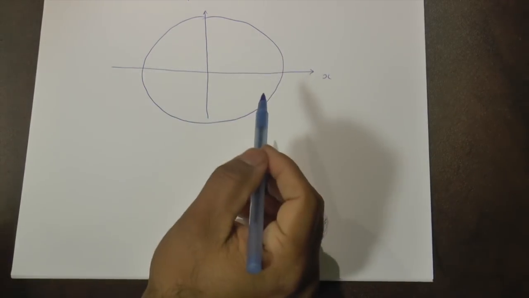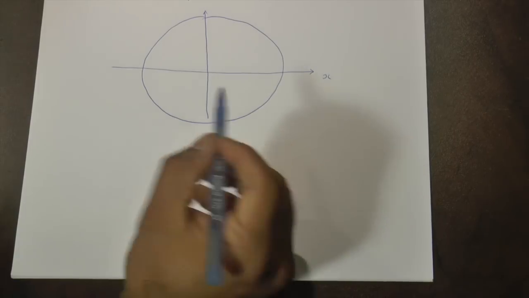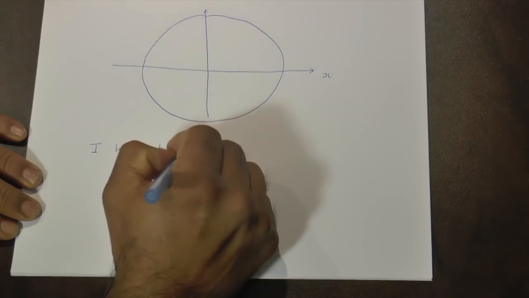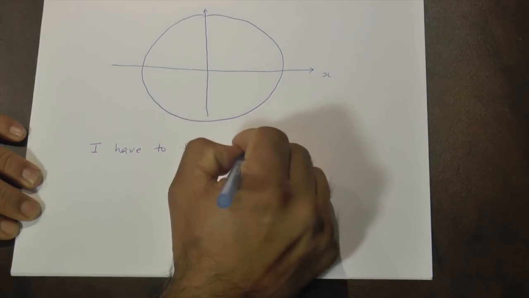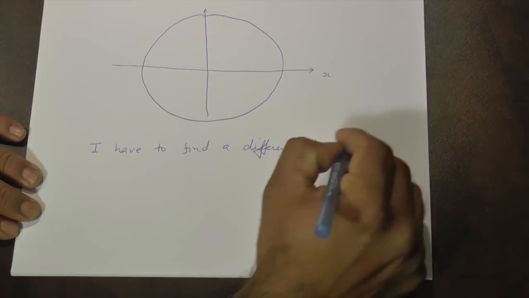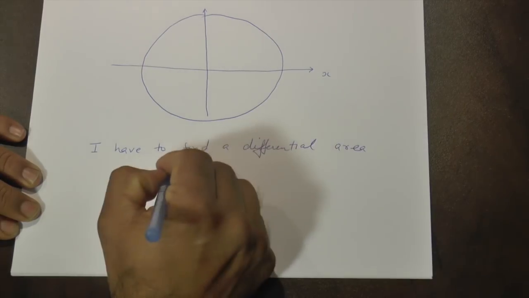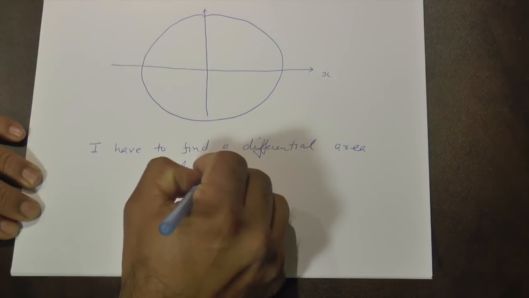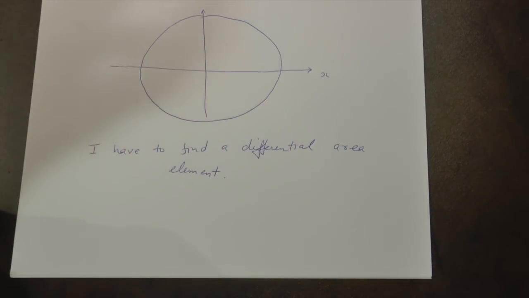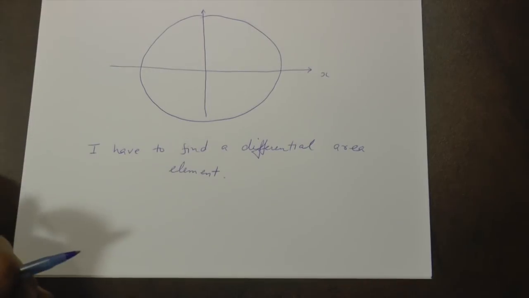So I have to do an integral. To do the integral, I have to find a differential area element such that if I take this small area element and integrate it over my whole space, then I should be able to calculate the area of the circle.